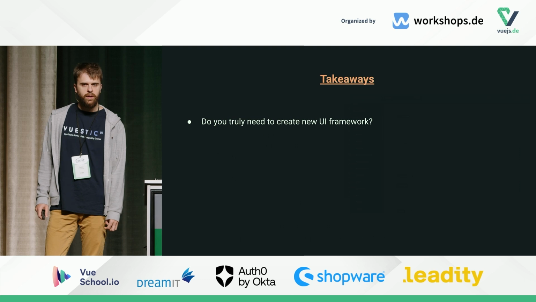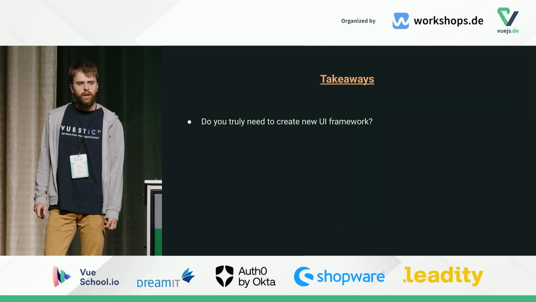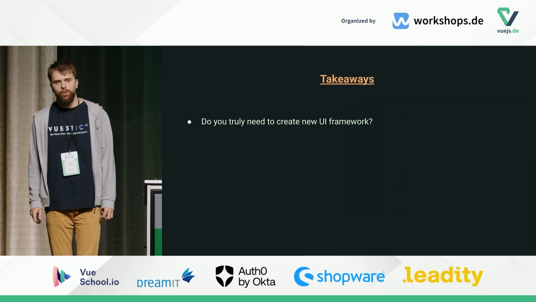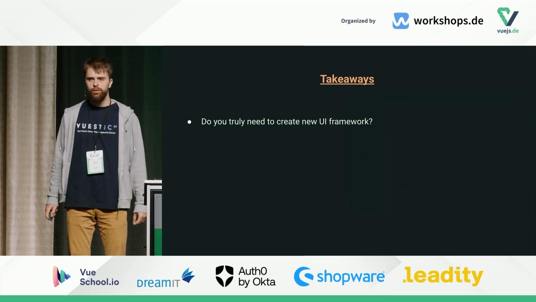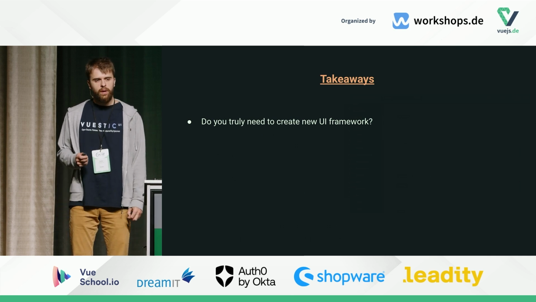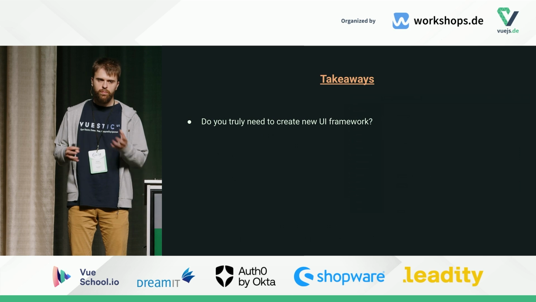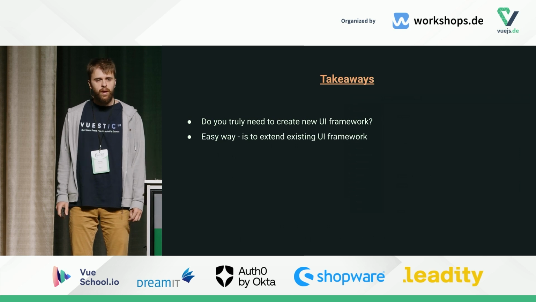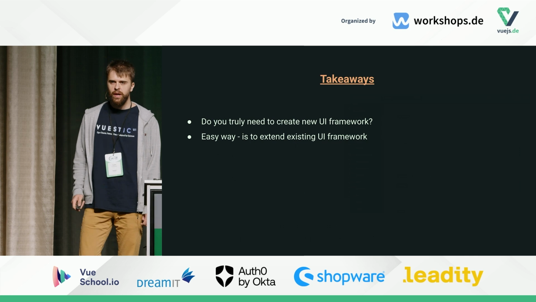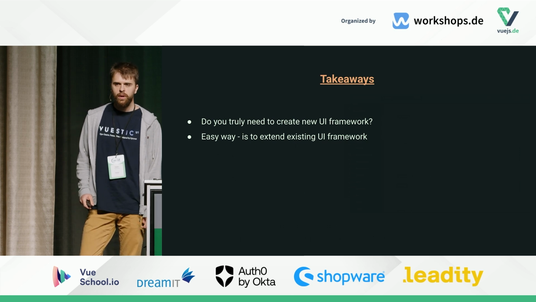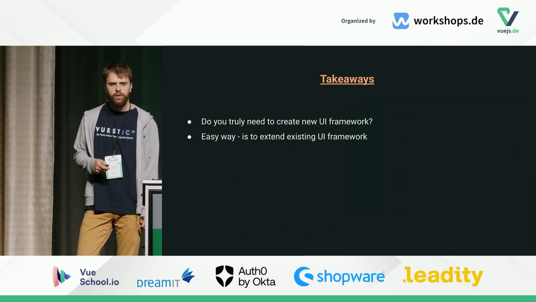I have a couple of takeaways for you. First, ask yourself: do you truly need to create your own UI framework? Or maybe you have to do something else. If you do, the easy way would be to extend an existing UI framework and then do some testing for it.